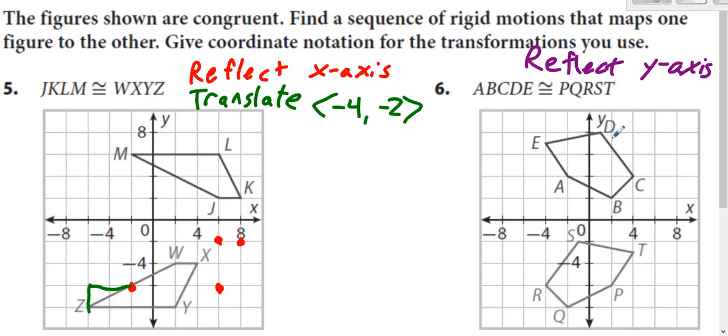So if we reflect that, that ends up, B would be there, C is there, A, there's D, E would come to this side, right there.